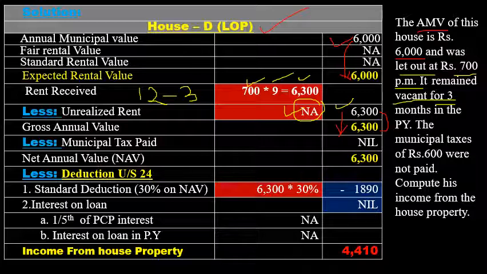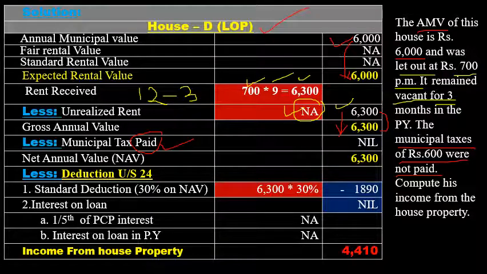Next is municipal tax, which is nil. No municipal tax. Net annual value is 6300. See why I have not considered municipal tax. It's given in the problem: the municipal taxes of rupees 600 were not paid. You can deduct the municipal tax from gross annual value only when it is paid. If it is paid, it can be deductible, whether it relates to the present year, next year or previous year, but it should be paid in the previous year.